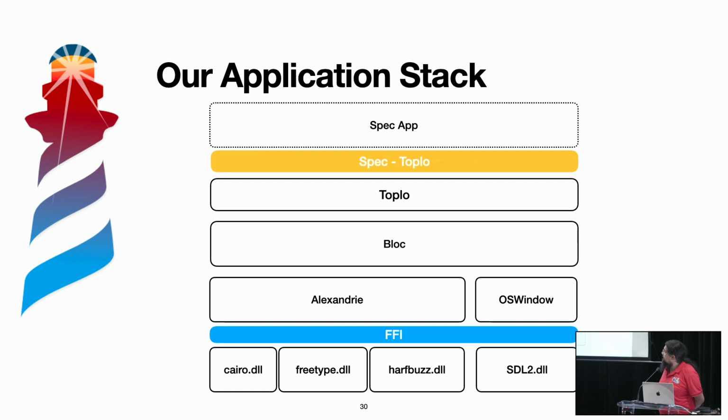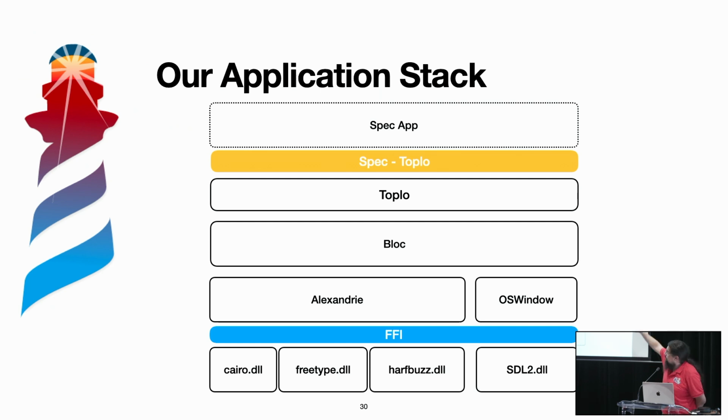So basically the application stack that we are proposing is something like this: we write the general part of our application in Spec, and then on top of Toplo we use Spec Toplo to profit from all the widgets that Toplo gives us.